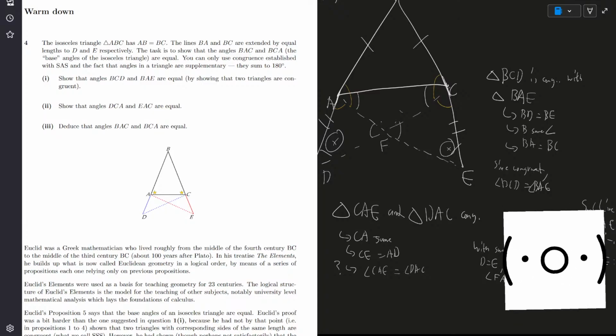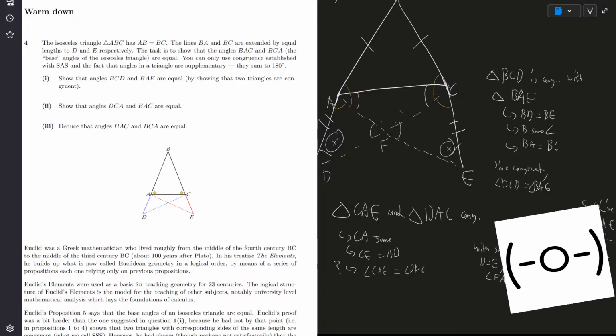Wait, we've been looking at the angle so far. What if we try looking at the side? Is there any way to prove that those two lines are equal to each other?